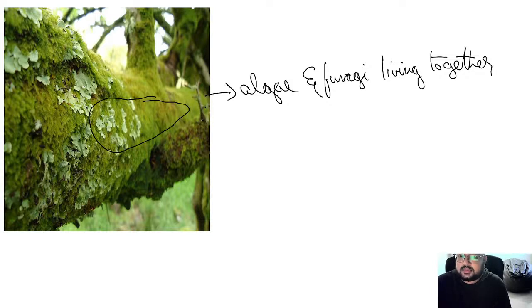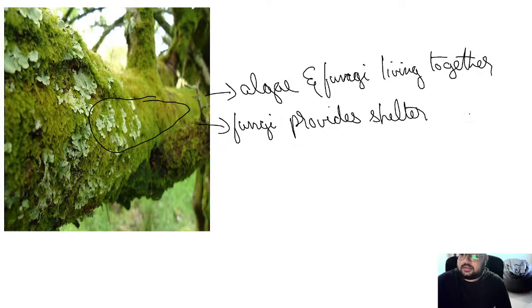So what happens is, I'll tell you what first fungi does. Fungi provides shelter, water, and minerals to algae.